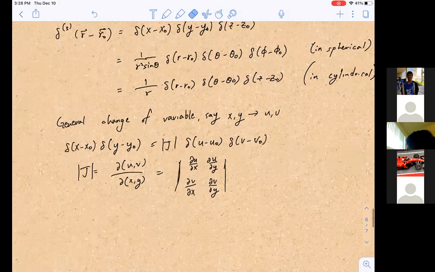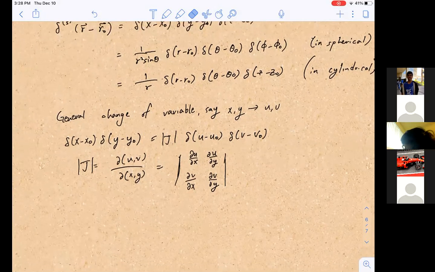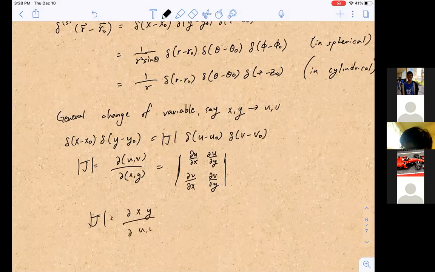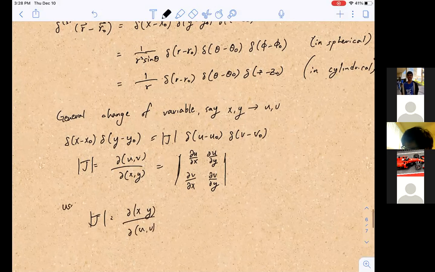Okay, so the usual way we define the Jacobian was J is the partial of (x, y) over (u, v). Let me write it like that, then it's less confusing.